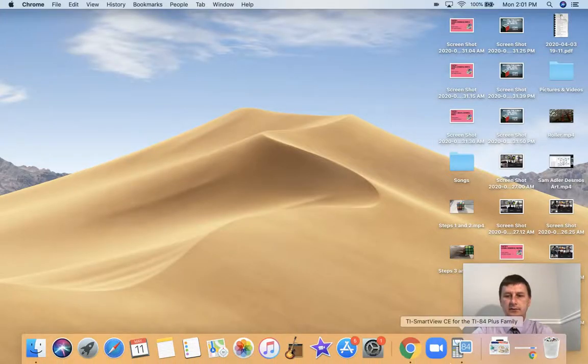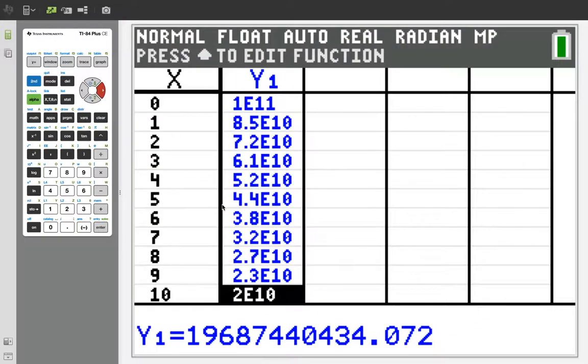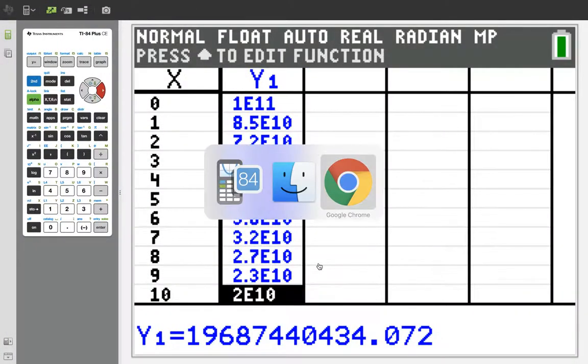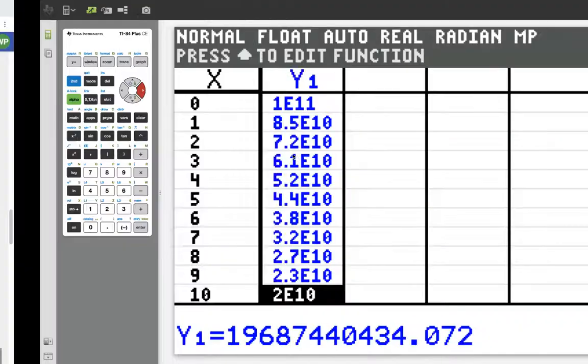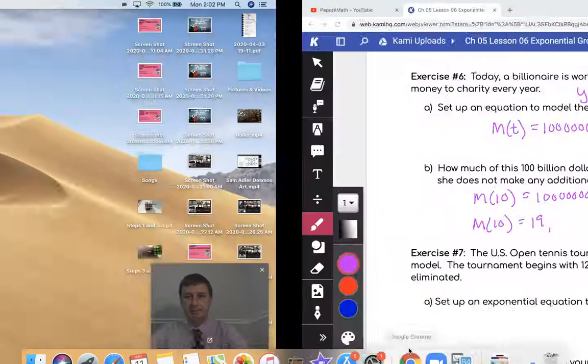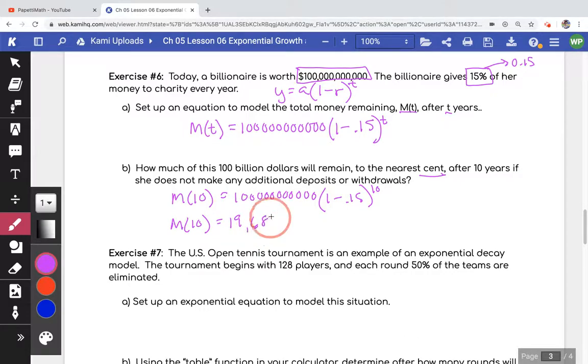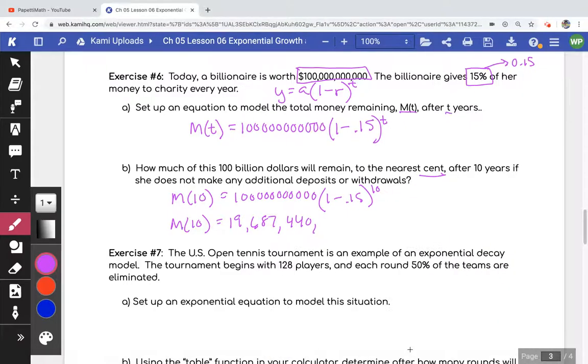So m of 10 will be 19 billion 687,440,434 and 7 cents.